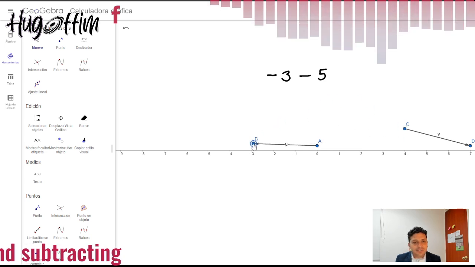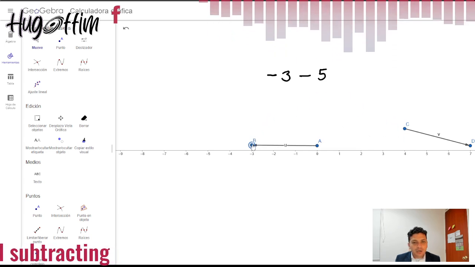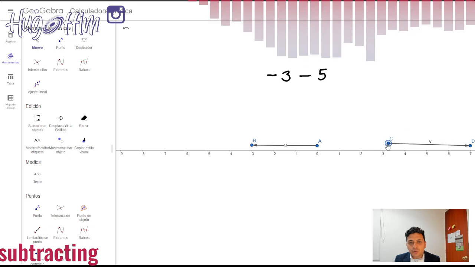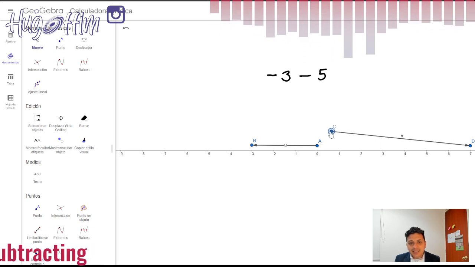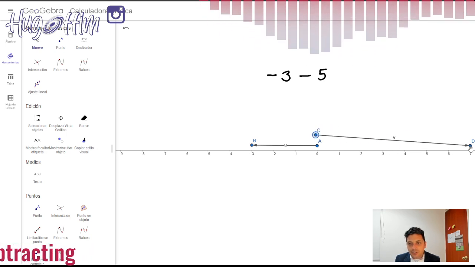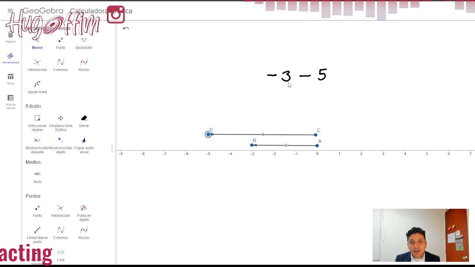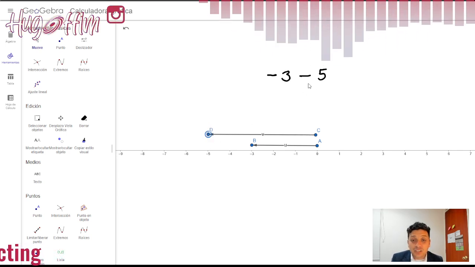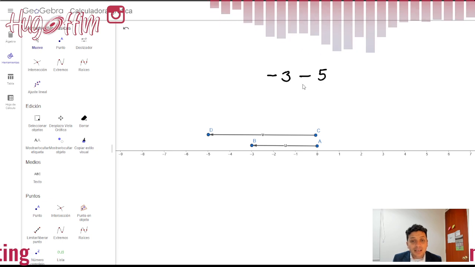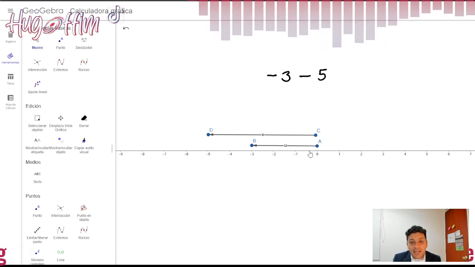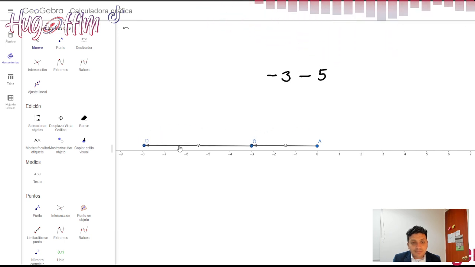Now, if you observe, negative 3 is going to be this number, and I want to put right next to it negative 5. So I'm going to put here -5. But if you remember that subtracting the positive is the same as adding the negative, it will be just put right next to -3, -5. Okay?